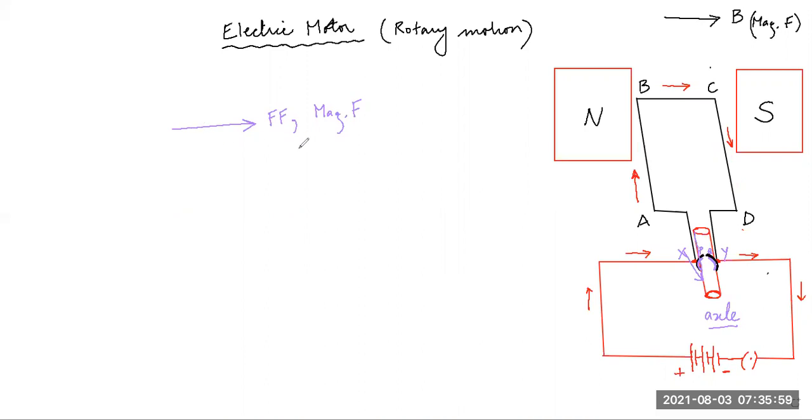It is flowing, actually, imagine that you are having your chest, from your chest to the outer body, not towards your chest, away from the chest. The current is flowing. Now you try to twist the left hand in such a way that your first finger shows the field, and the middle finger shows the current away from the chest.